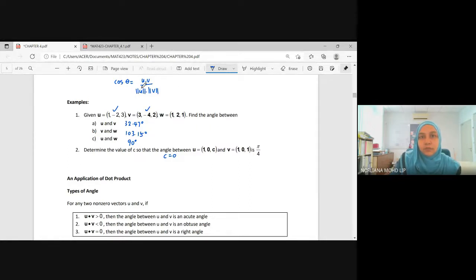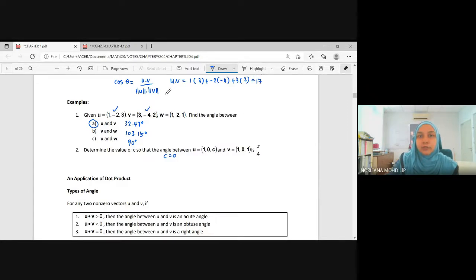First you need to know U dot V. Question A, find the angle between U and V. So U dot V is equal to 1 times 3, plus 2 times 4, plus 3 times 2. How much is U dot V? 17.